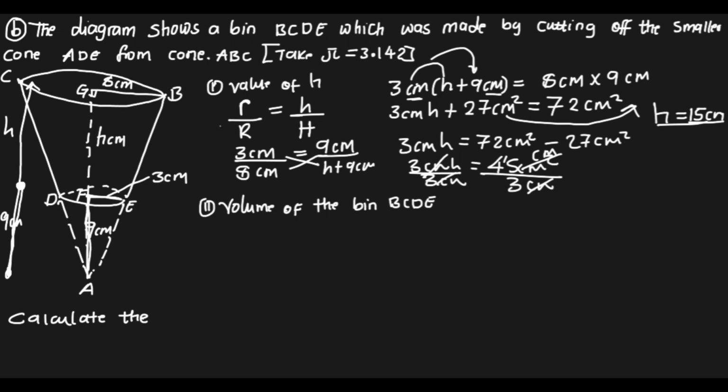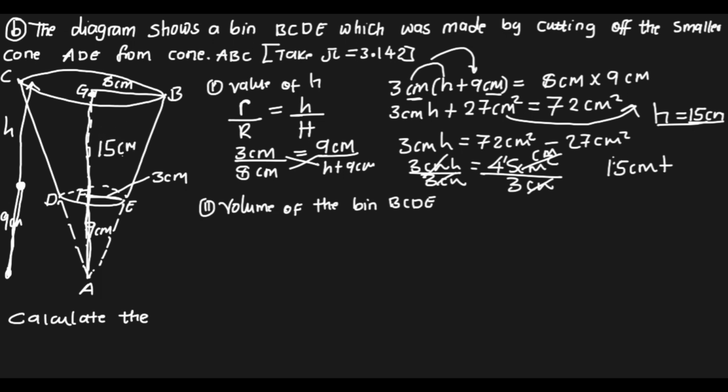Now for us to find the total height for the larger cone, we'll add 15 centimeters plus this 9 centimeters. What this means is the 15 centimeters is from G up to F. So this distance here, we've calculated to be 15 centimeters.